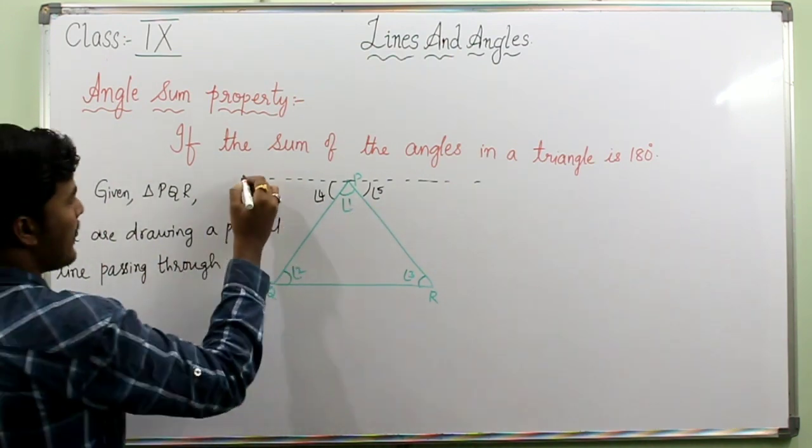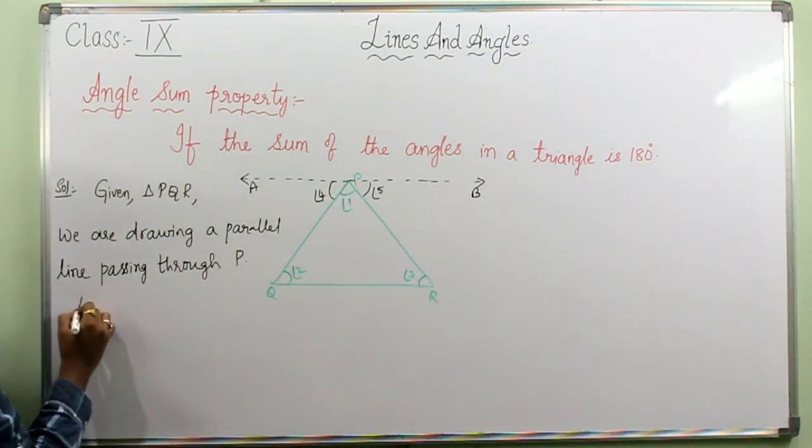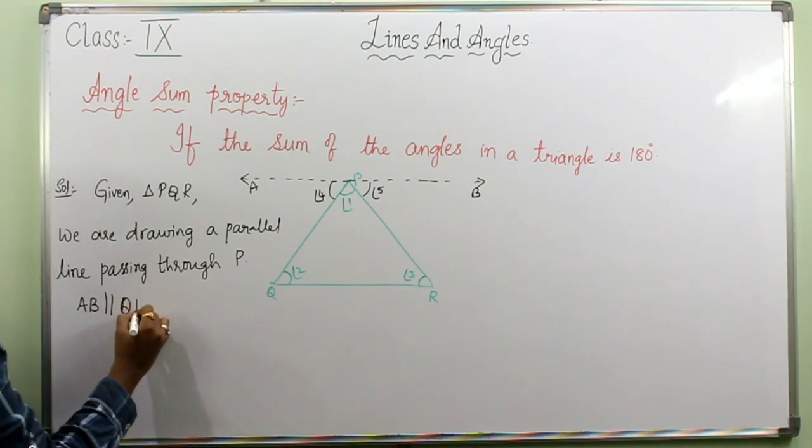Let us name this parallel line AB. Now, AB is parallel to QR.